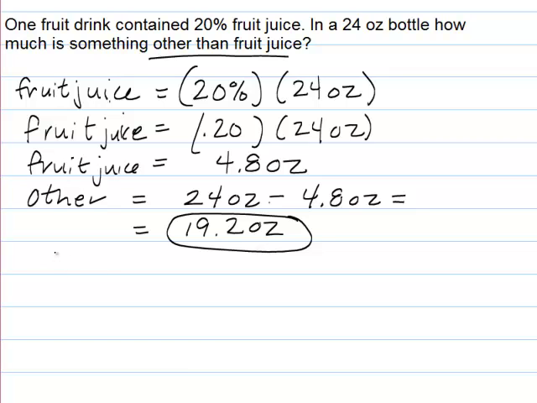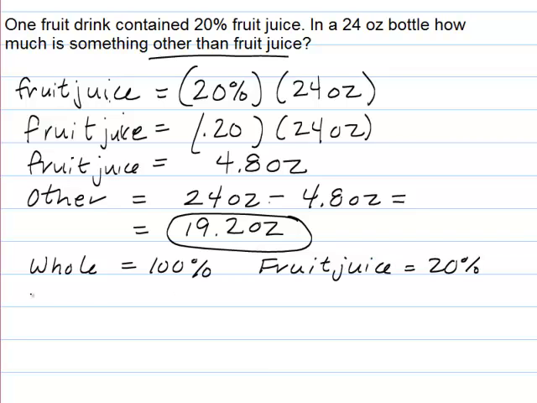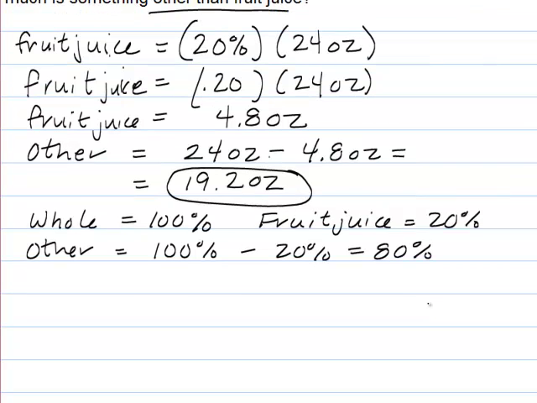Another way to look at this is to say we have our whole, which is 100%, and our fruit juice, which is 20%. And so the other things would be 100% minus 20%, or 80% of what's in that container is not fruit juice.